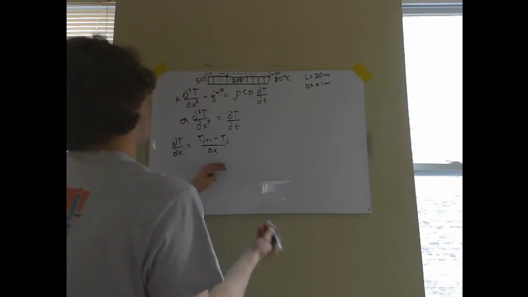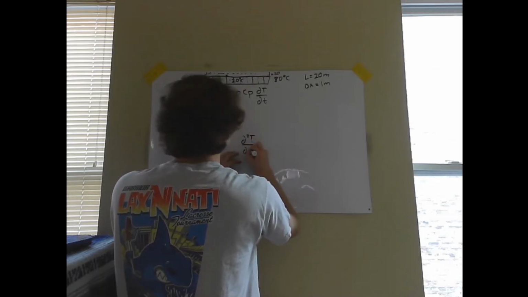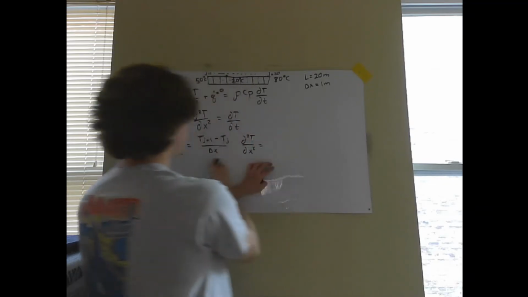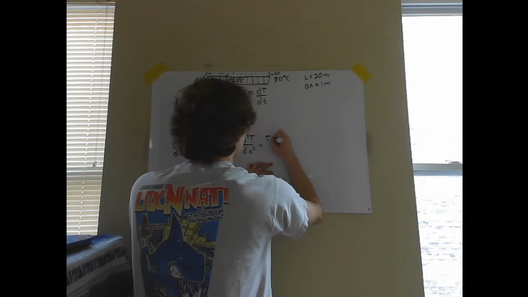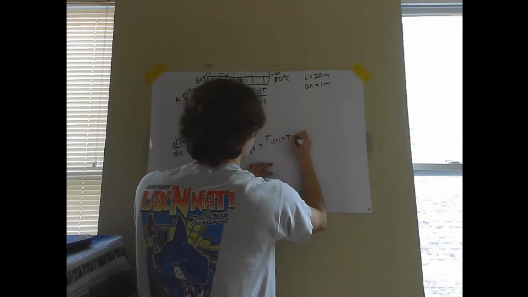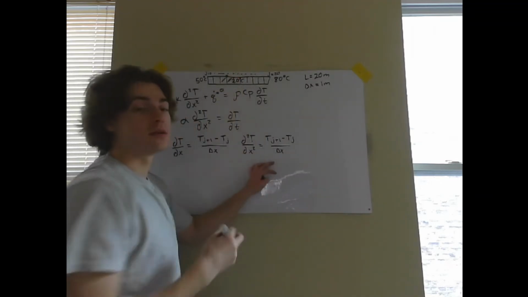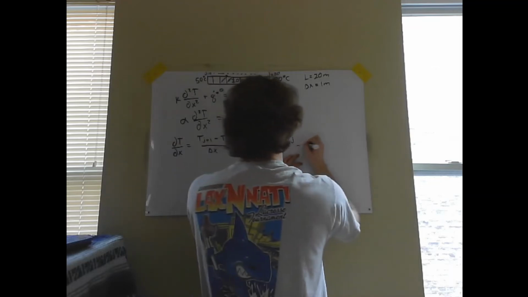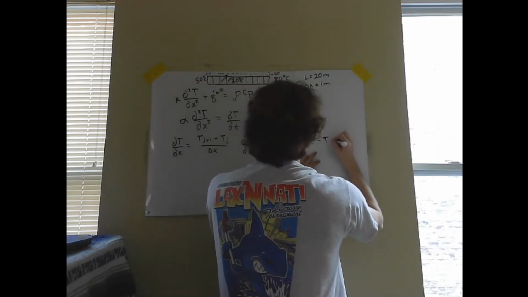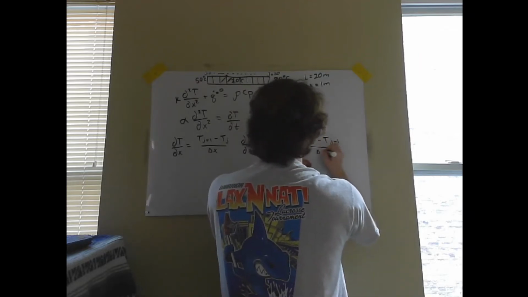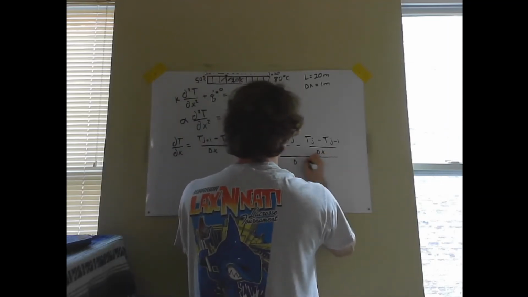And so then we'll be able to use this same thing to approximate the second derivative. So this term here gives us the slope of this block. And if we subtract it from the slope of this block, that'll give us an estimate for the second derivative. And so to do that, it'll just be the temperature at j minus the temperature at j minus 1 over delta x, and then divide this by the change, which is just delta x.